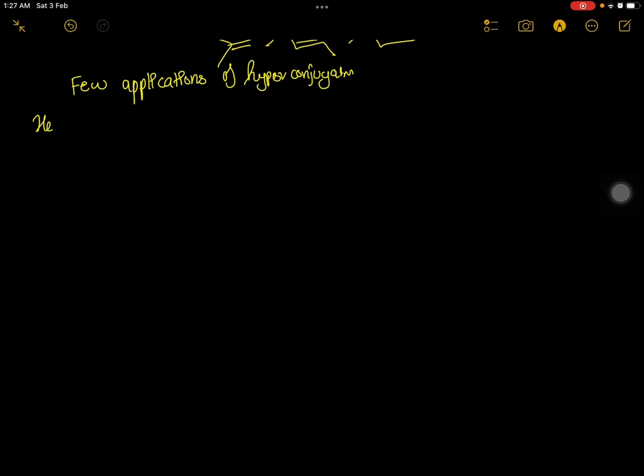First is heat of combustion, number of carbon atoms, and this is also inversely proportional to stability.